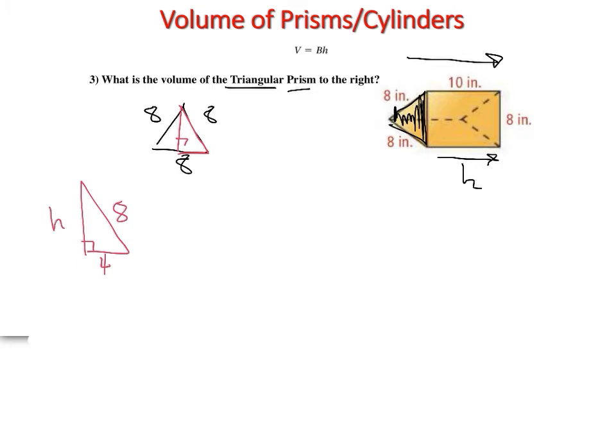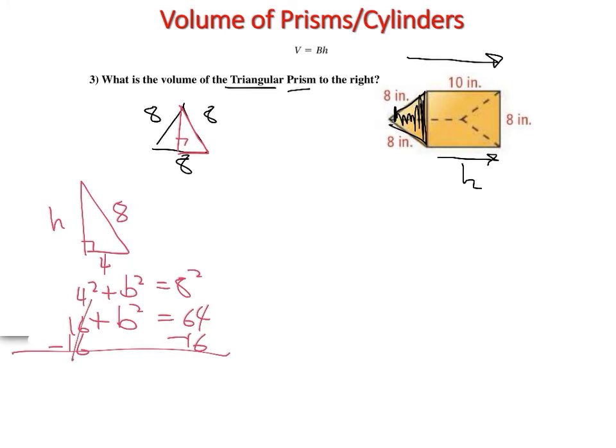We can do that with the Pythagorean theorem, a squared plus b squared equals c squared. So we have 4 squared plus the unknown b squared equals 8 squared. Solving that, 4 times 4 is 16, plus b squared is 64. Subtracting 16 from both sides, we get b squared equals 64 minus 16, so that's 48.